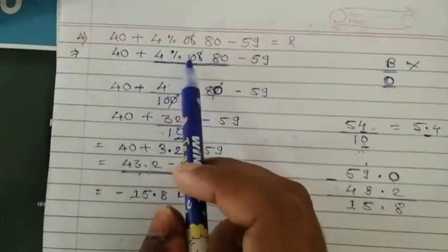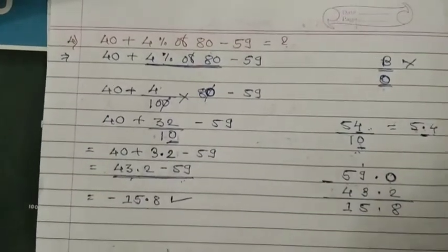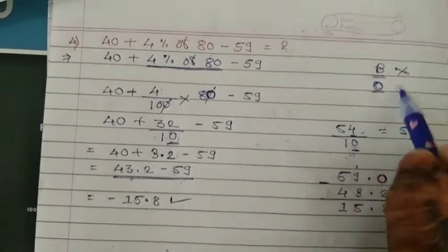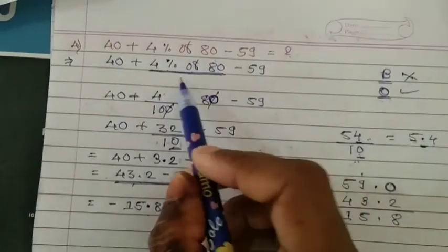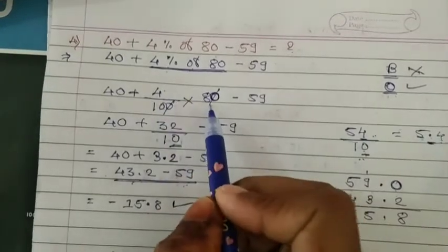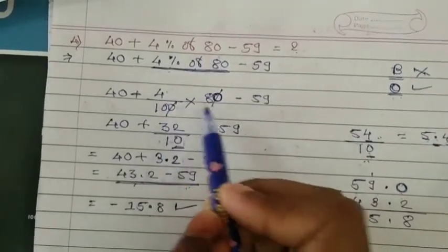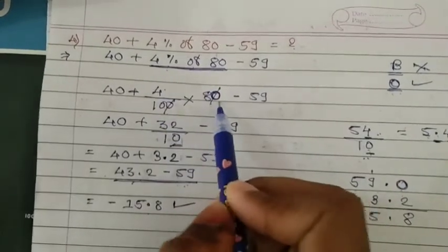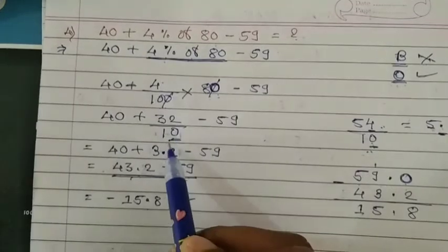40 plus 4% of 80 minus 59. Is there a bracket? No. Is there "of"? Yes, but the "of" is in percentage form. 4% of 80: 4 divided by 100 into 80. This 0 cancels out. 4 eights are 32, divided by 10.